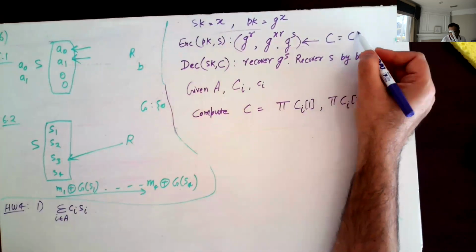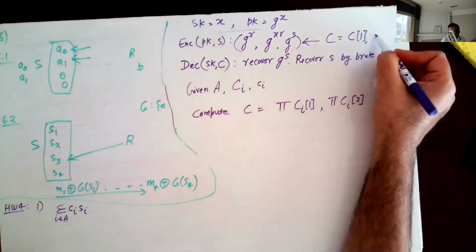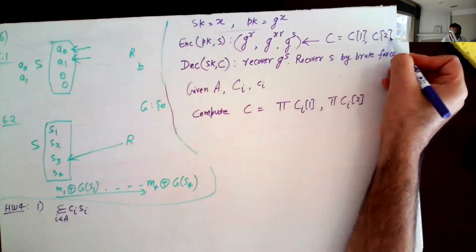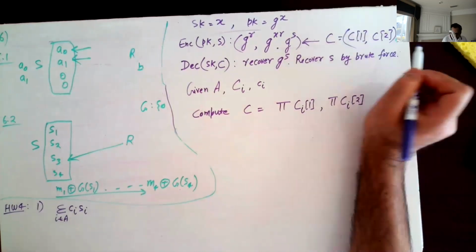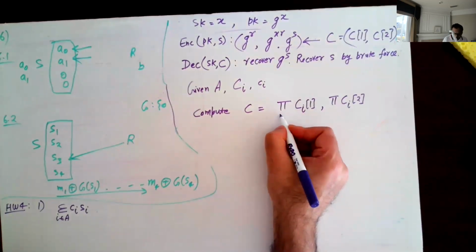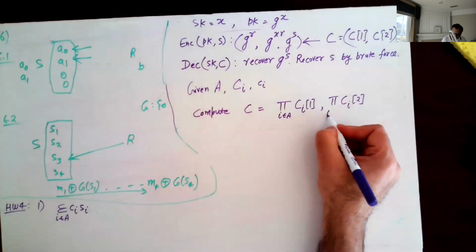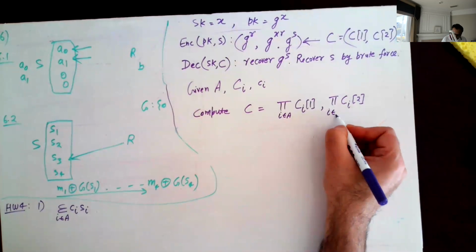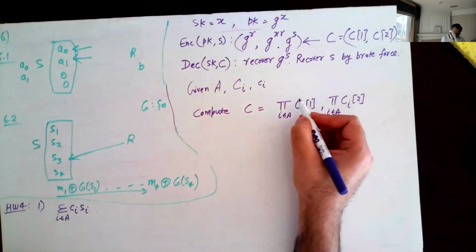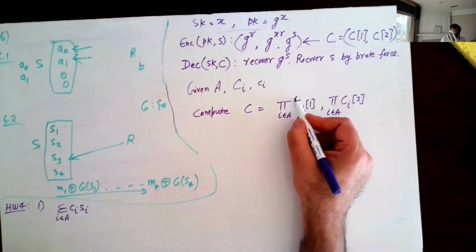I am denoting it as the ciphertext has two components. And i is in A. And I need to raise it to the power small ci as well.